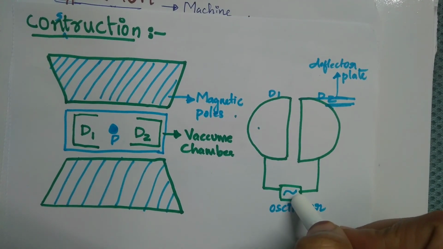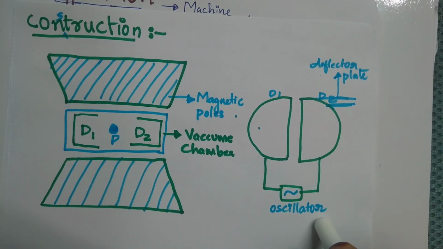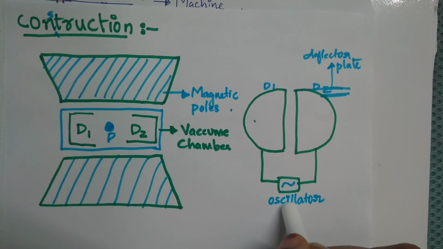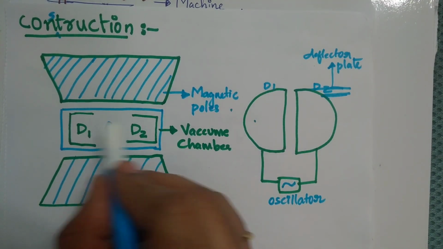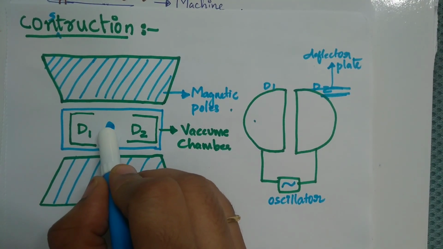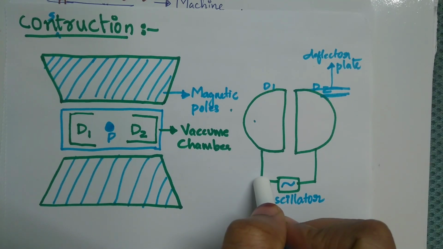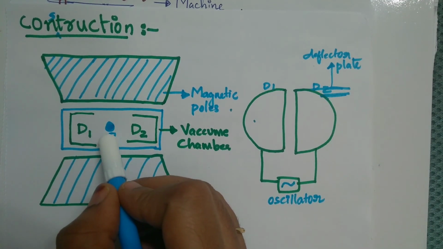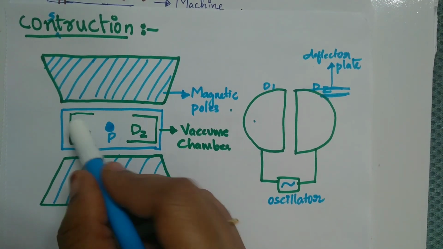Since the oscillator is connected, a varying electric field is produced in the gap between the D's. So what is the purpose of this powerful high frequency oscillator? It is to produce the varying electric field between the gap of the D's.